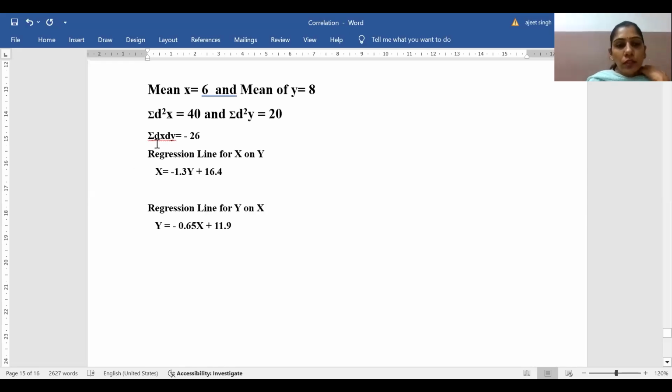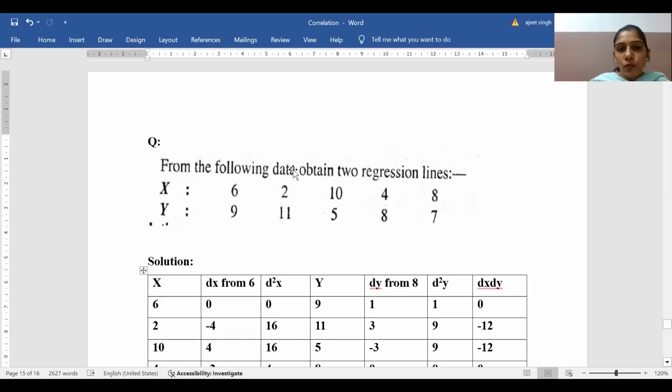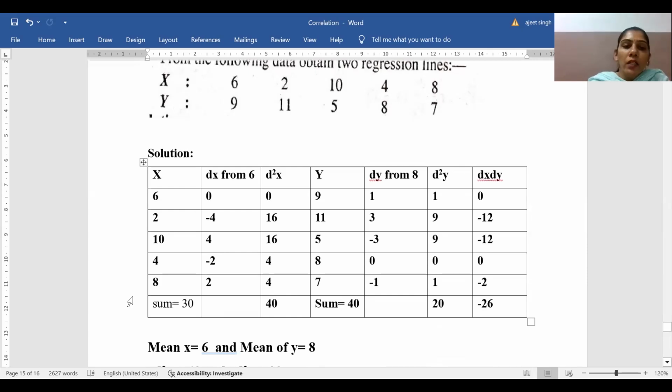So these are the regression lines for x on y and y on x. I hope you understood how to calculate the regression line, as in this question we have to obtain two regression lines from this given series of data x and y.